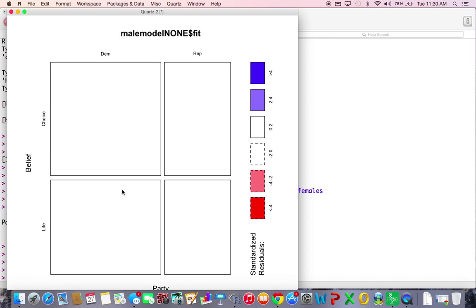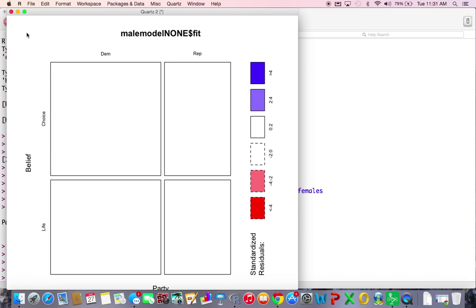First of all, none of the cells are what I would call significant. The standardized residuals aren't dashed, so the observed cell counts are more than the expected cell counts, and being white, none of them fell above 2, and probably not above 1.96.